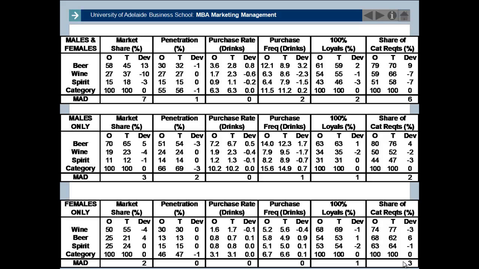And then there's a second probability density function: once you've estimated what the shares for beer, wine, and spirits are, you get some more parameters for that, and then you do some other algebra, and it gives you estimates for what the market share, penetration, and purchase frequency are. It works really well. It's called the Dirichlet model of buyer behaviour.